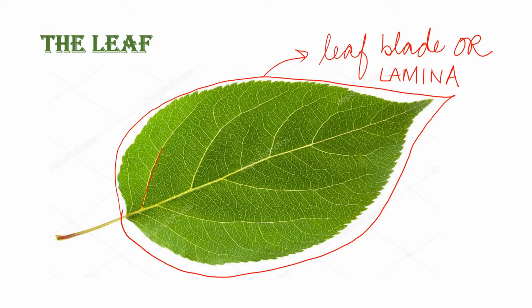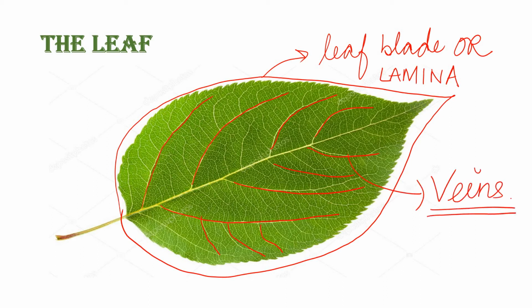Next, thin clear lines on the lamina of a leaf are called veins. Can you see this, and this here also, and in the middle also? These are thin clear lines on the lamina of a leaf, and they are called veins. We have veins in our body too, so there are veins in the leaf also.